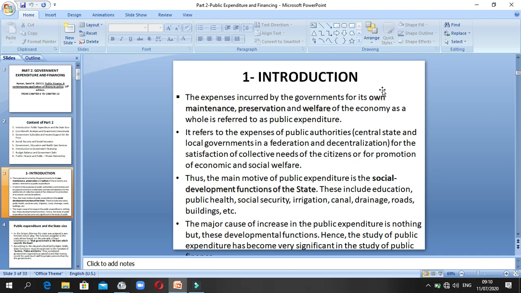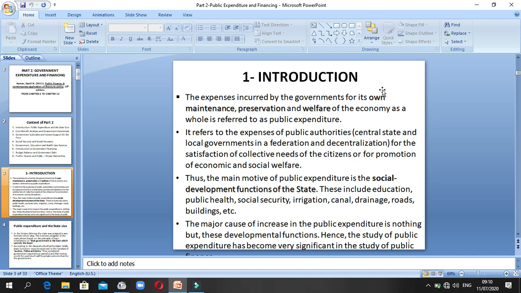It refers to the expense of public authority, central states, and localization in the federation and the decentralization for the satisfaction of the collective needs of the citizens, or promotion of the economy and the social welfare.